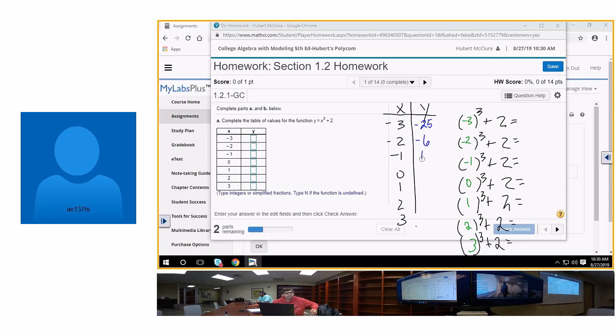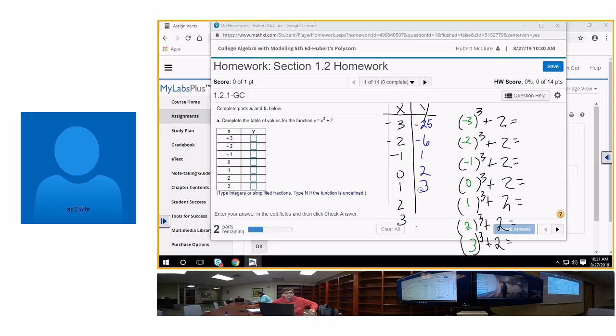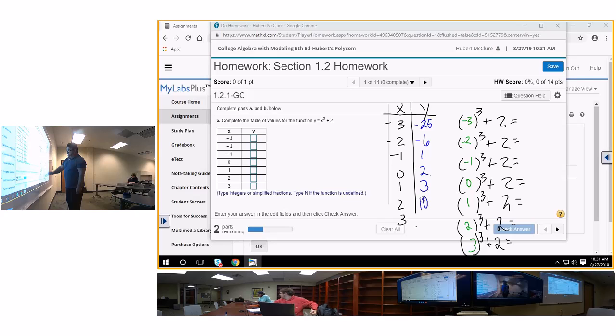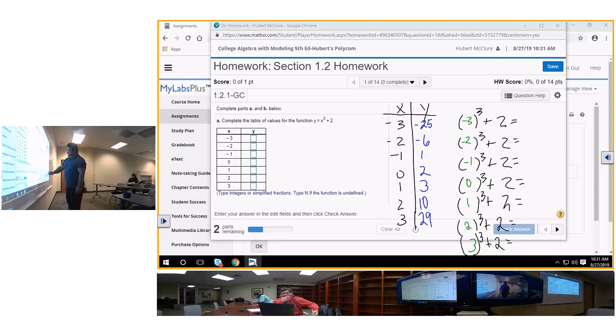I'll do this one for you. 0 plus 2 is 2. 1 plus 2 is 3. 2 to the third is 8, that's 10. And 3 to the third, 27, 29. Some of y'all don't know what planet you're on. And there's your answer. Make sure I didn't make a mistake.